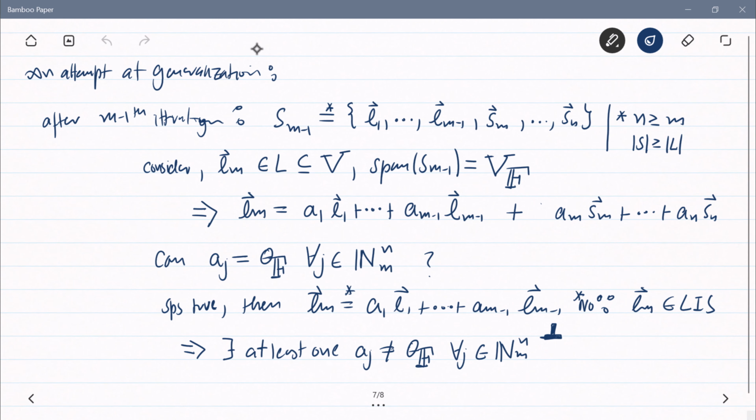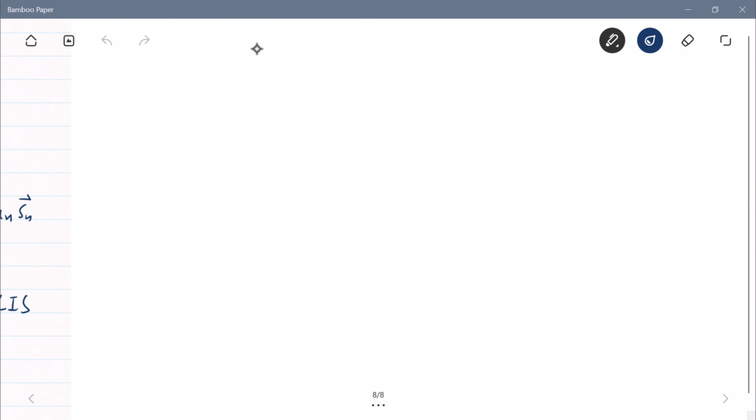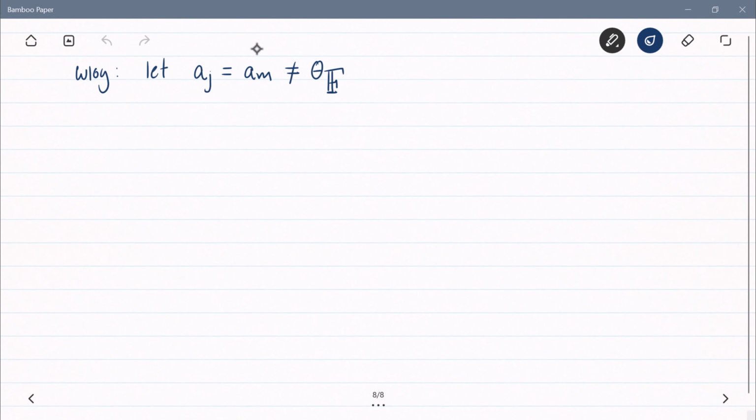If that is true, we can obviously isolate S sub m by dividing by this. Okay, let me just try to do it on my own here. So we will have S sub m equal to, following the convention, negative A sub m inverse, and we will have A sub 1 L sub 1 plus dot dot dot minus L sub m, right?